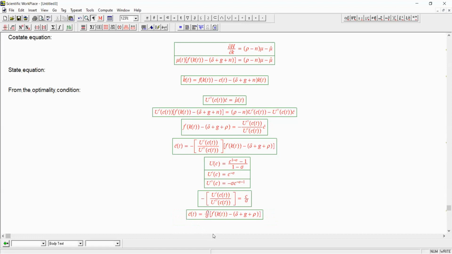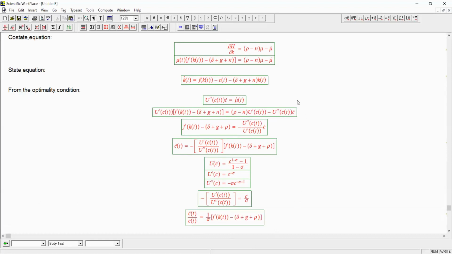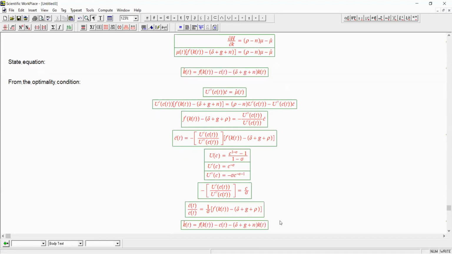Divide both sides by c, and you'll observe that now we have an expression for the growth rate of consumption in this economy as a function of capital. Again, that together with our state equation gives us two differential equations that are going to characterize the behavior of this model.